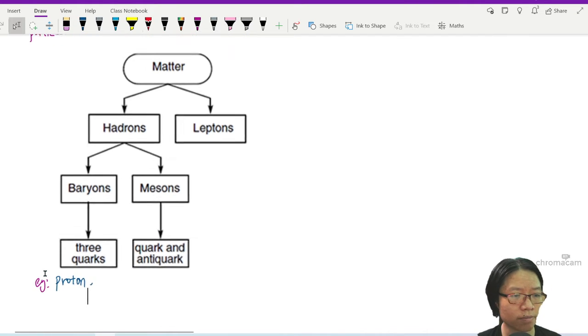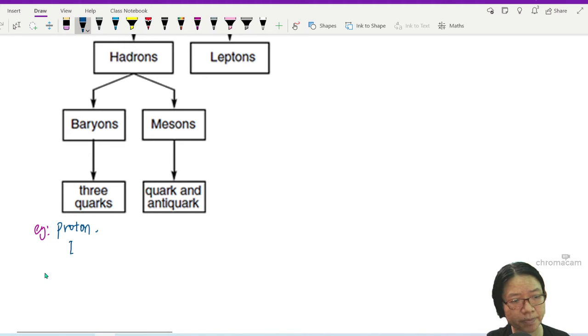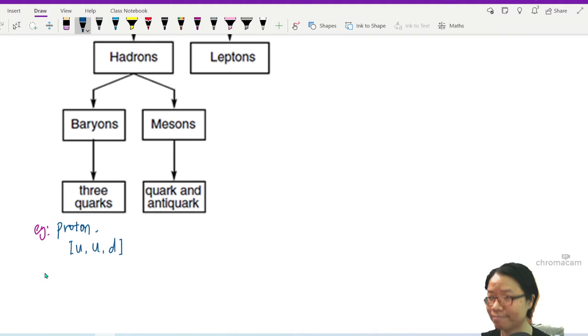Because a proton consists of 2 up, 1 down quark. The second one will be the neutron, because a neutron consists of 1 up, 2 down.